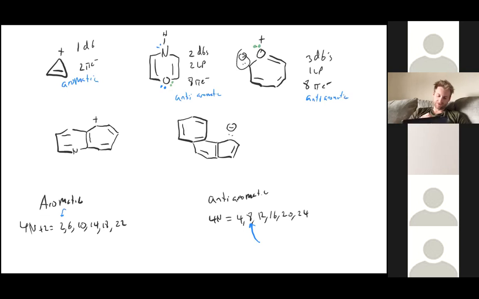Down at the bottom, our nitrogen already has a double bond, so these are going to be localized lone pairs. We're going to have a total of 1, 2, 3, 4, 5 double bonds on it. The positive doesn't count for anything, so that's 10 pi electrons. 10 is over here in aromatic, so this will be an aromatic compound.